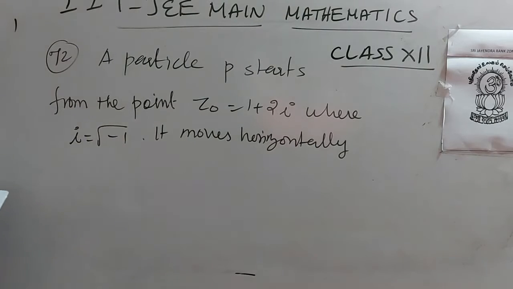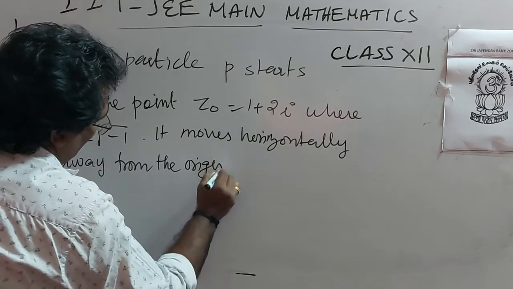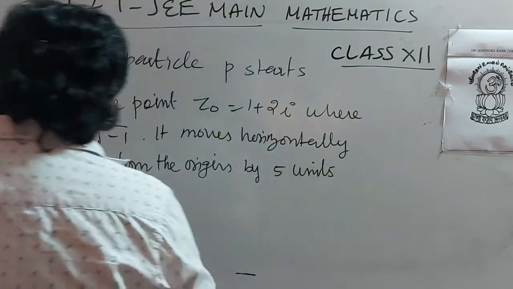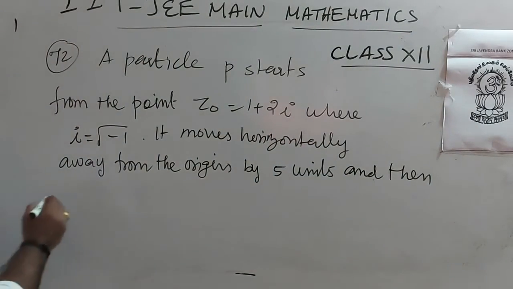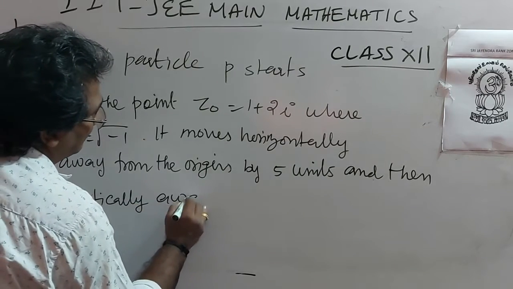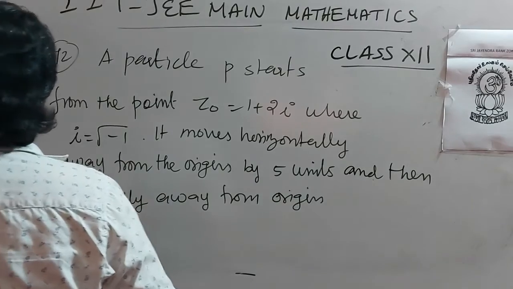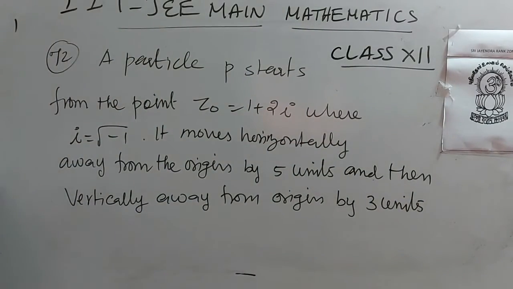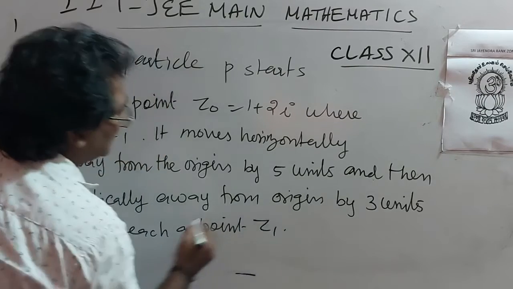It moves horizontally away from the origin by 5 units and then vertically away from origin by 3 units to reach a point Z1.